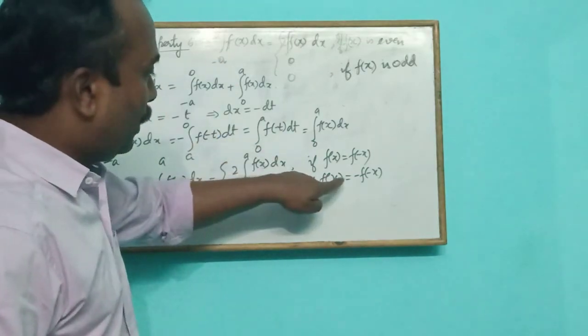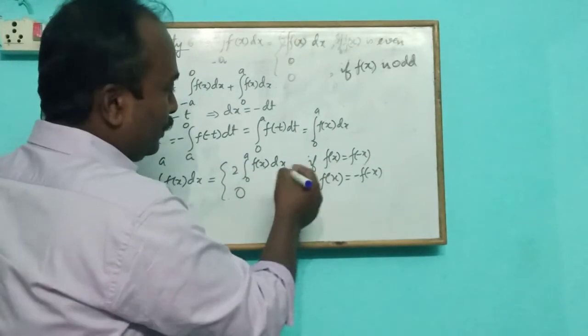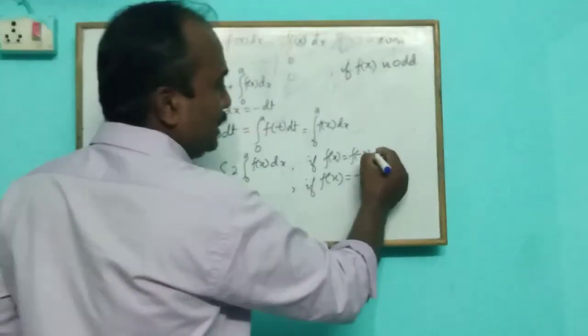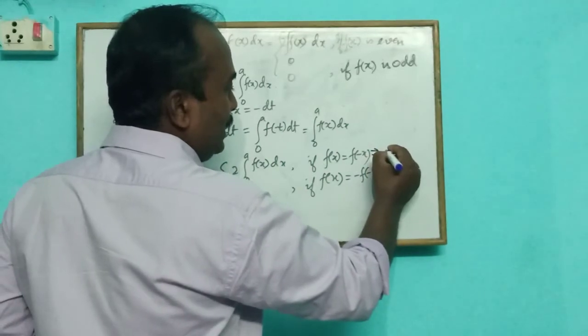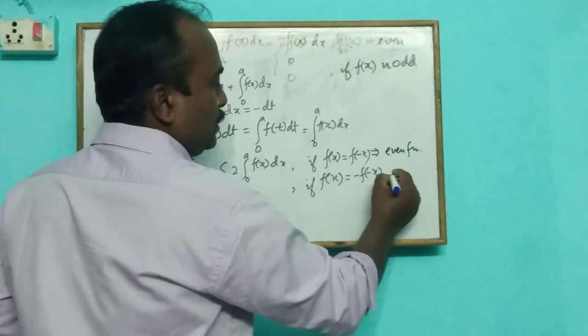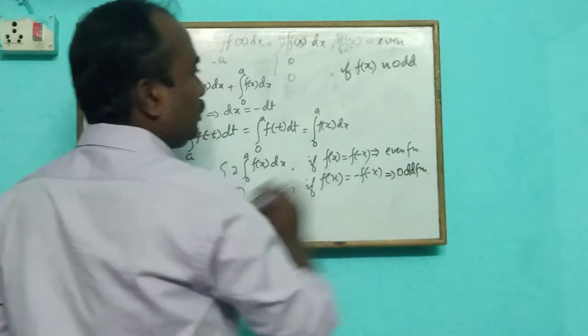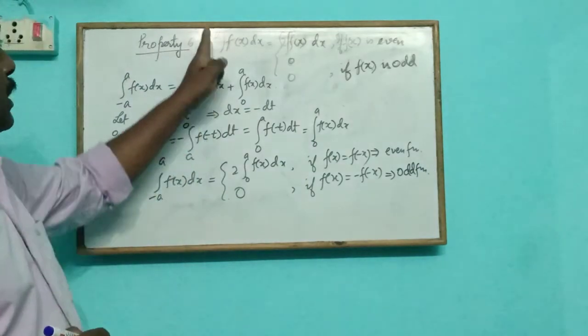And if one of them is a negative of the other one, then both of them cancel and we get 0. The first is possible if it is even function, and the second is possible if it is odd function. So what is the property?